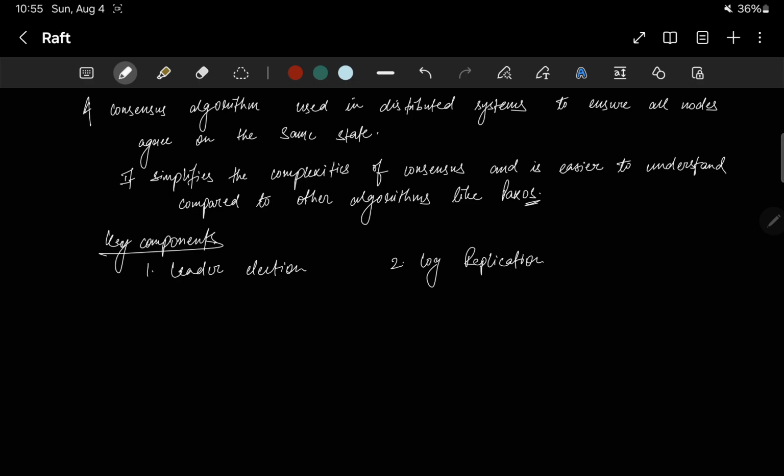Each node in a Raft cluster maintains a log of commands that have been agreed upon. Logs are replicated across all nodes to ensure consistency. And then there will be heartbeats. The leader sends periodic heartbeats to followers to maintain its leadership status. If a follower doesn't receive a heartbeat for a certain period, it initiates a new leader election.